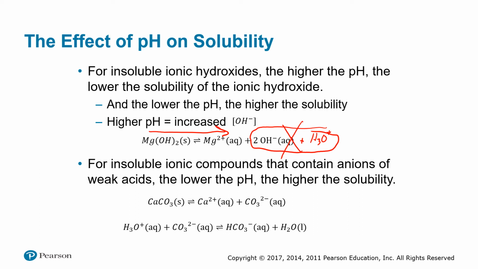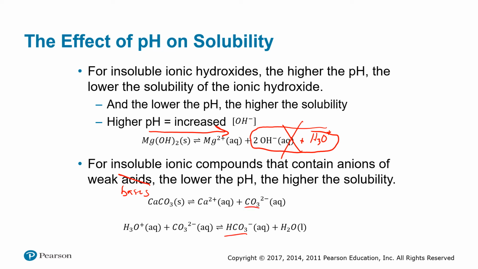Same thing with things that make weak acids. Carbonate and bicarbonate are both very weak acids. Actually, I'm just realizing there's a typo here. It's for compounds that contain anions of weak bases. Okay. Same rule applies as for the hydroxides.